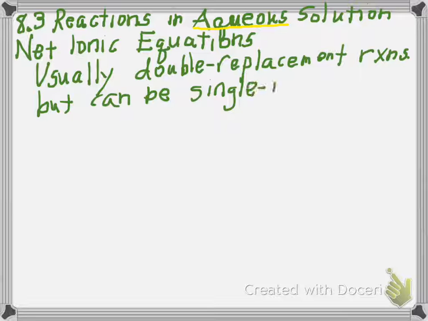Most of the ones you'll do will be double replacement, but it is possible that you could be asked to do a net ionic equation for a single replacement reaction.